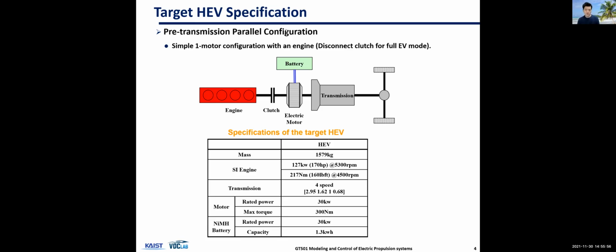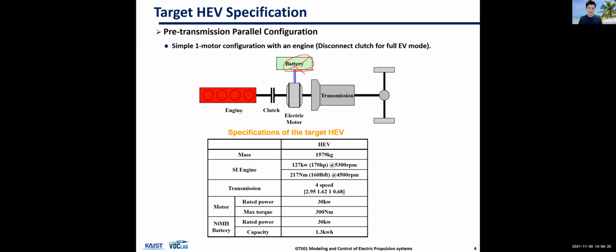So before, we had to model the battery, right? Because battery state of charge is important. But here, we're not focusing on the efficiency, right? We're focusing on the drivability. So we don't really need to model the battery.